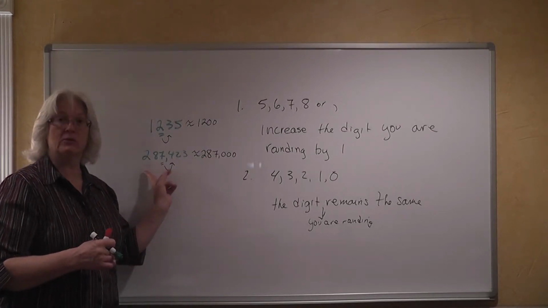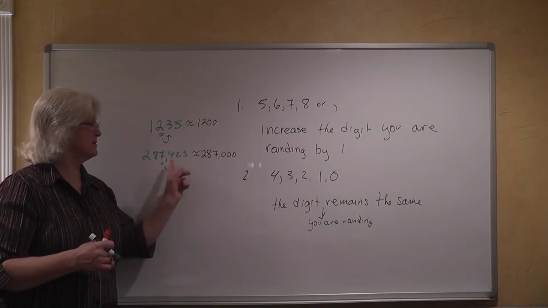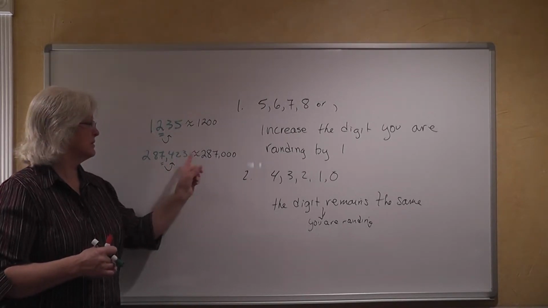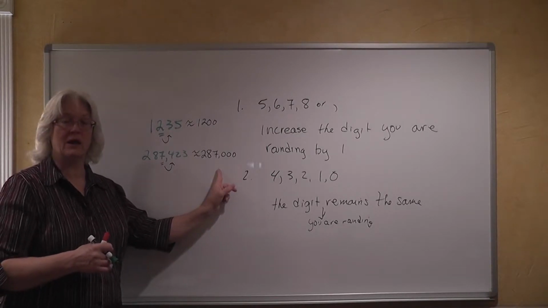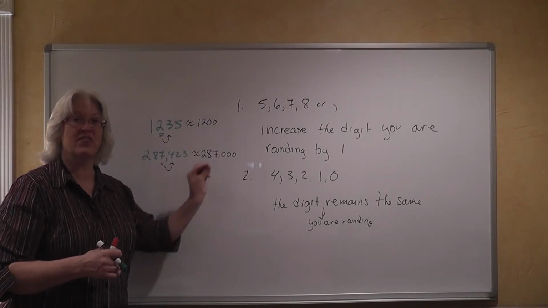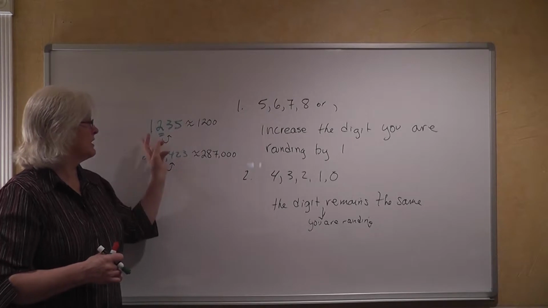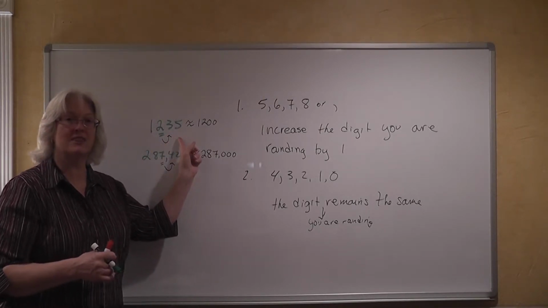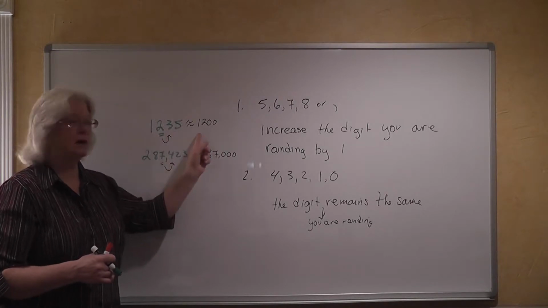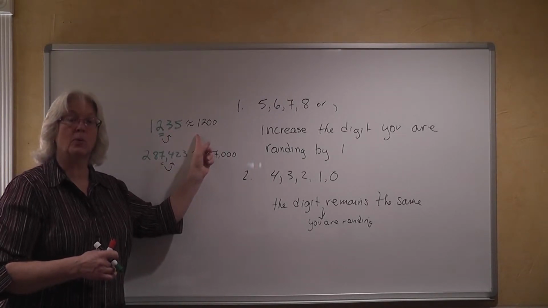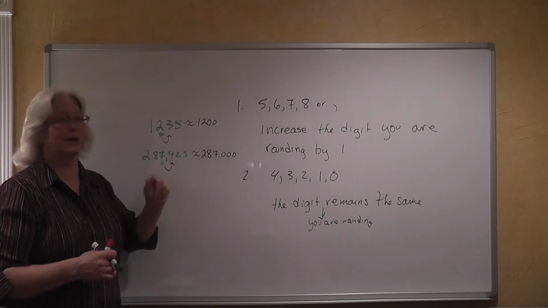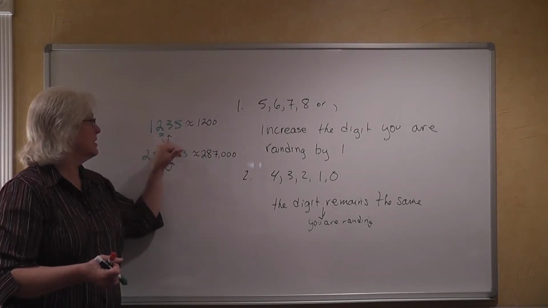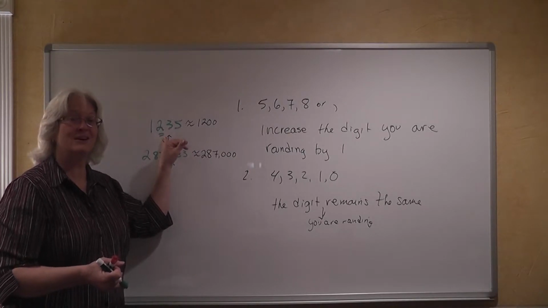We said round 287,423 to the nearest thousand. When we rounded that, we have 287,000. We were rounding this 1,235 to the nearest thousand. When it's rounded, we have 1,000. Okay, I misspoke. We didn't round this to the nearest thousand. We rounded this to the nearest hundred.